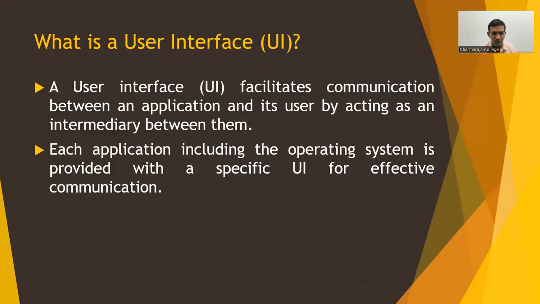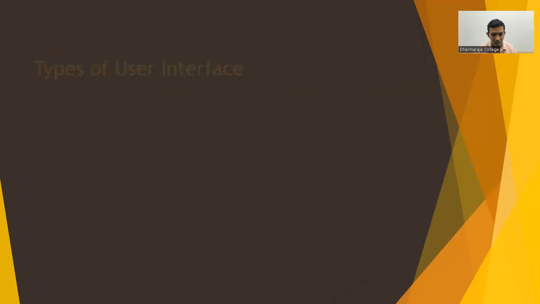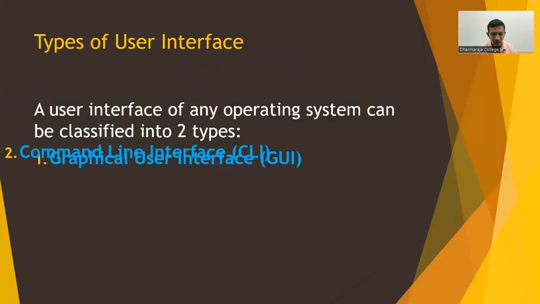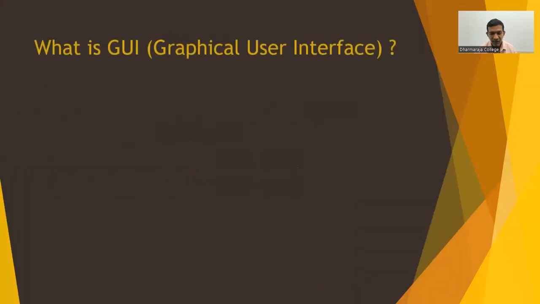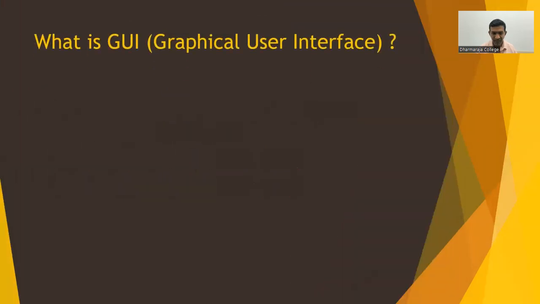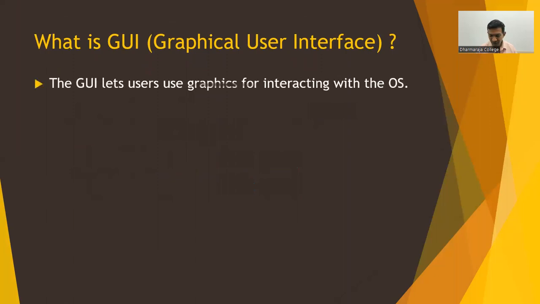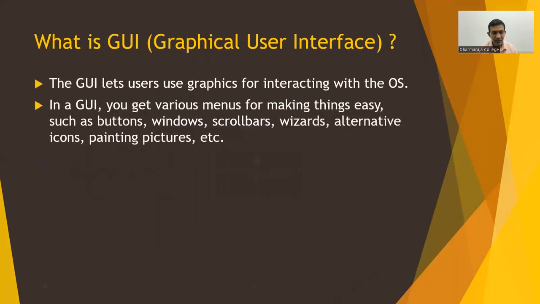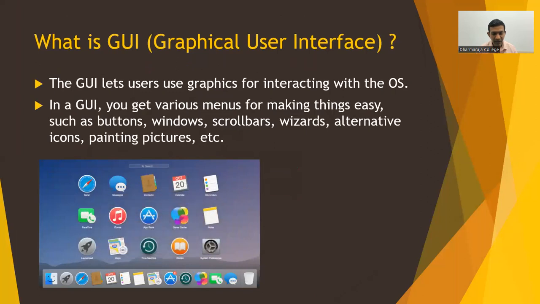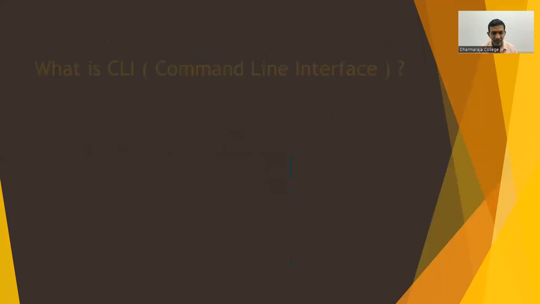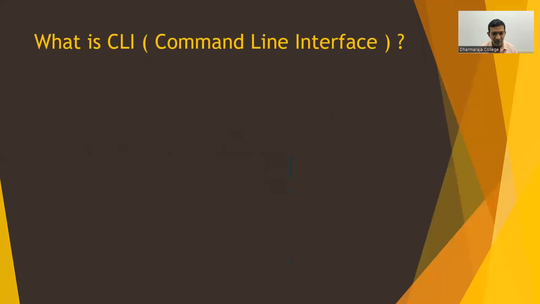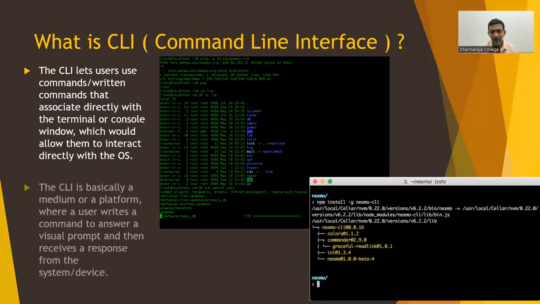We have GUI and CLI. And practically we have seen now what those features are, right? Now this is a GUI and this is a command line interface. Okay, so this is a command line.